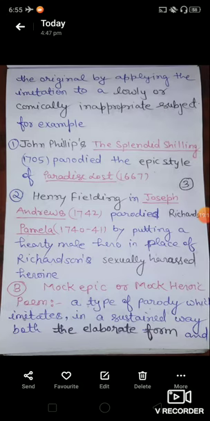Okay, so in parody we have a very dignified style, or a particular style of a particular author or a particular literary genre, in a very dignified manner, but the content, the subject matter, is very inappropriate, very comical. See, for example, think about Paradise Lost, the great epic written by John Milton.